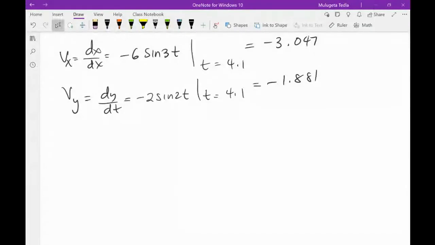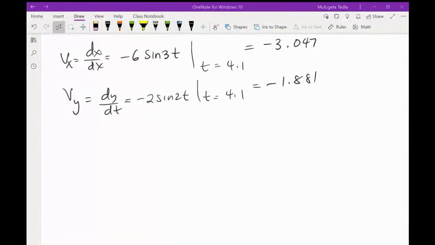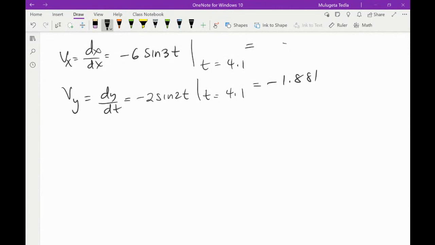Are we having the same numbers? No, for the Vx I'm getting a different number. Okay, I'm going to do it again. So minus 6 times sine of 3 times 4.1. You're right. It's positive 1.579. Okay, thank you, Arthur and Wissam.